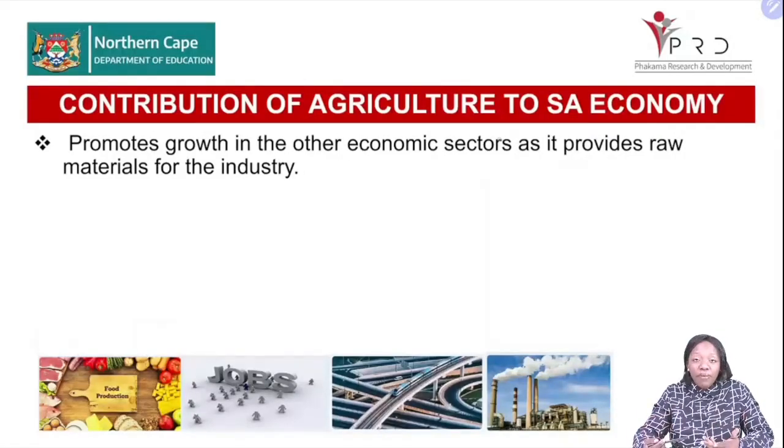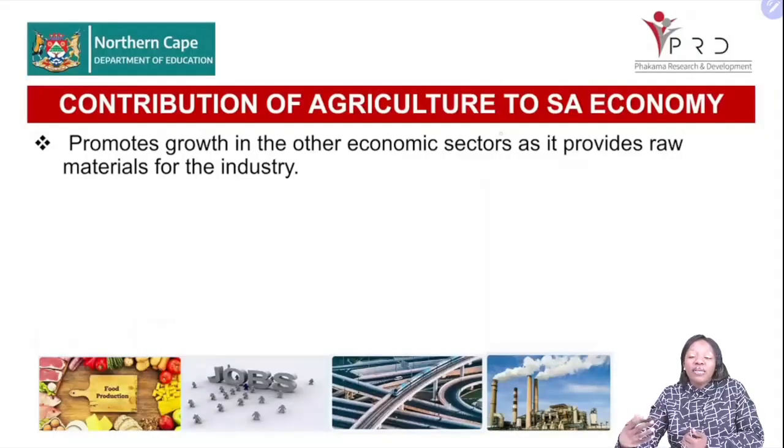So through farming, it's where we're going to get our food. So therefore, there will be different products that will be serviced or that will be provided in this agriculture. And then if there are different products, it means now there will be also different industries that will be formulated.